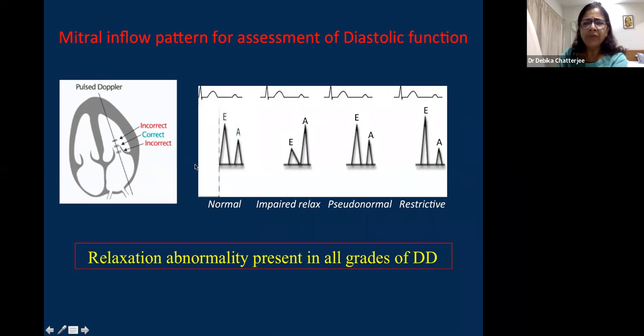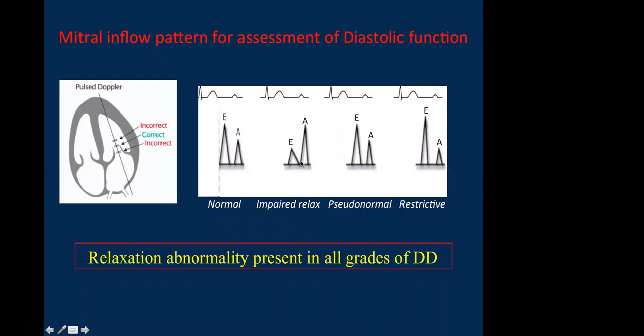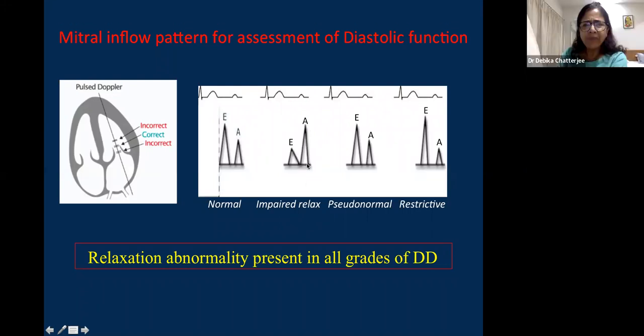See, E wave. So 80% of the filling was taking place during the early rapid filling phase normally, whereas only 20% of the filling is taking place during the early rapid filling phase when there is impaired relaxation. And most of the filling is taking place during the late rapid filling phase by the atrial contraction.